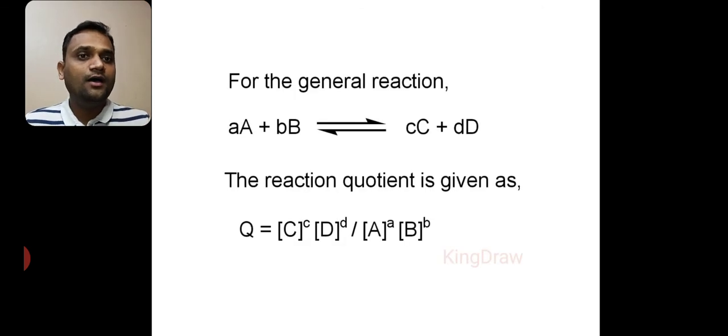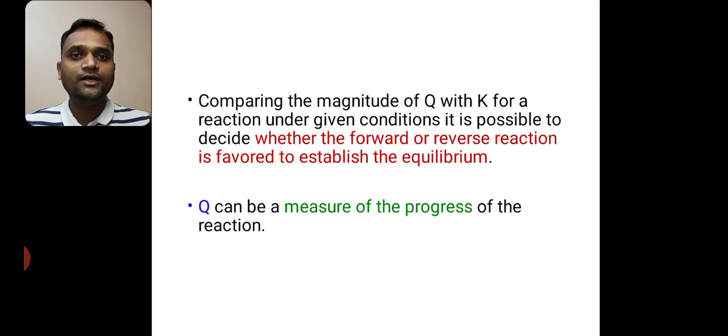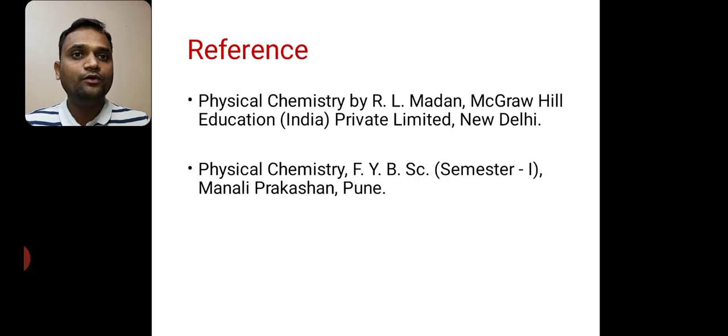Then we compared the value of Q and K. What is the importance of the value of Q and the value of K in determining the favorability of a reaction? That point we also discussed. So this is all about perfect gas equilibria.